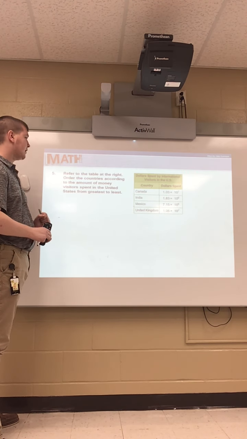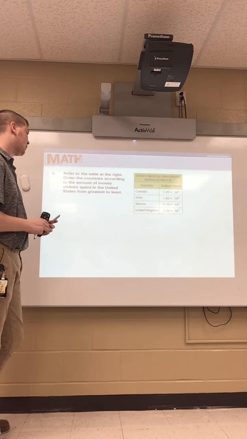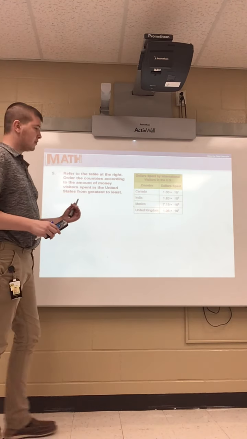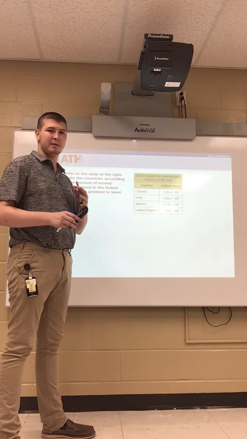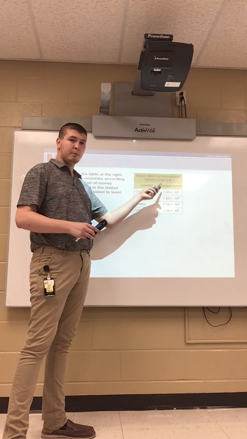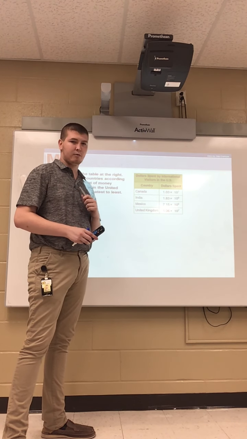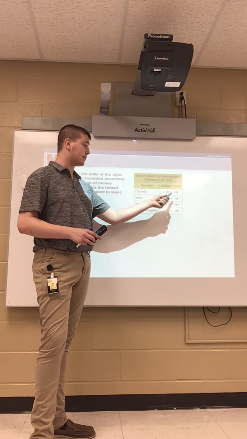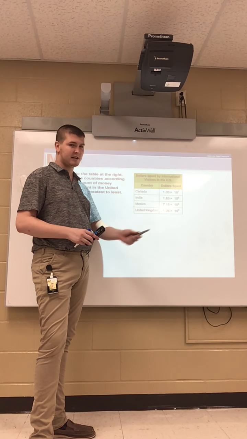So refer to the table at the right. Order the countries according to the amount of money visitors spend in the United States, from greatest to least. All you have to do, I'm not going to spend much time on this, is take their decimal and move it that many places to the right. So there's times 10 to the 7th, times 10 to the 6th, times 10 to the 6th, and times 10 to the 7th.